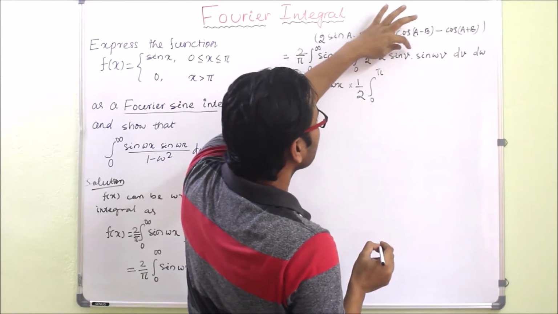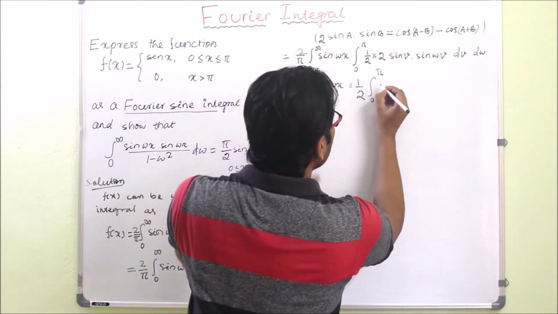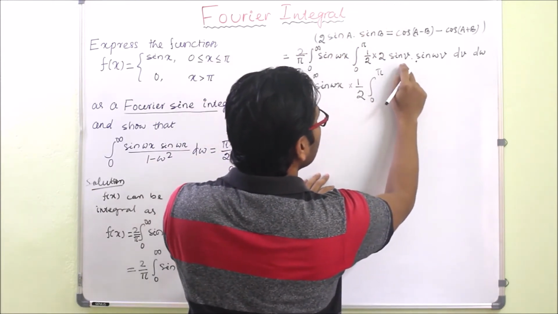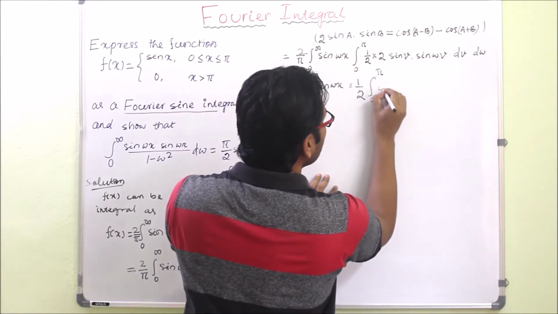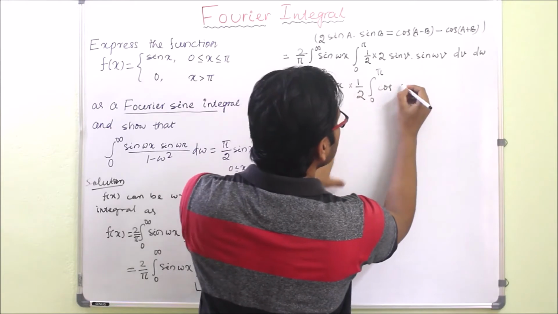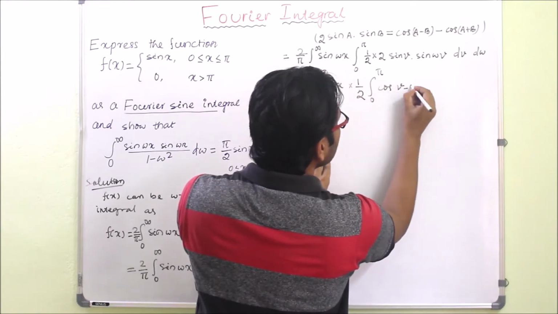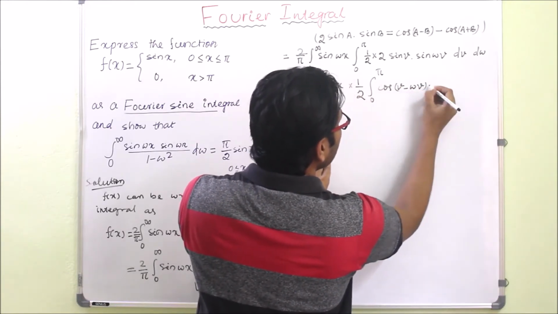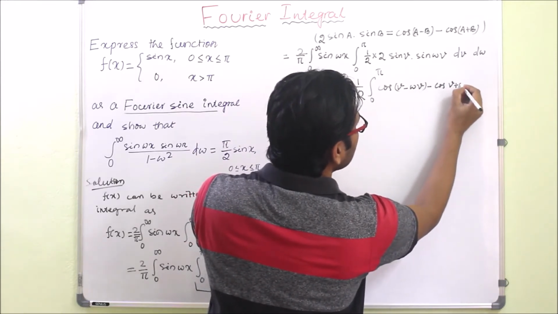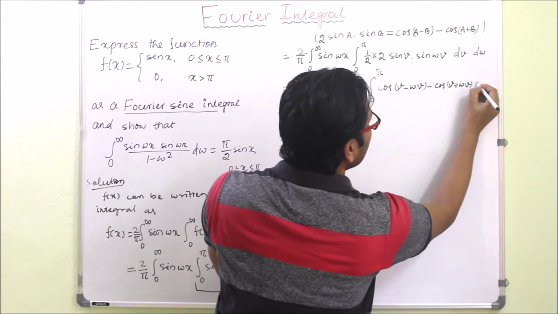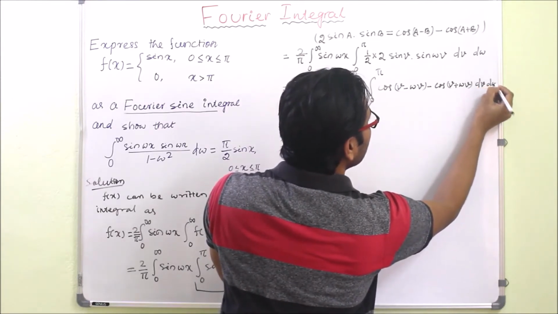In place of a, v is there. In place of b, wv is there. So it will be cos of a minus b, that is v minus wv, minus cos of a plus b, that is v plus wv, dv dw.